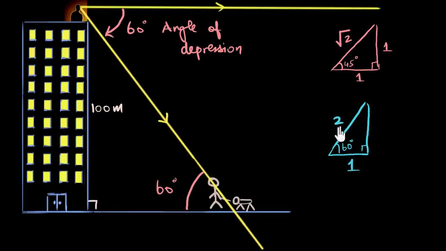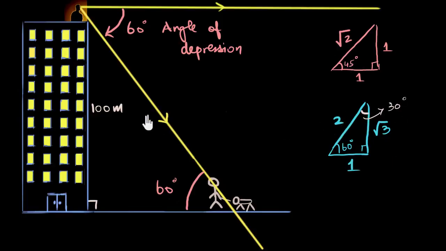With this, I can find the third side using Pythagoras theorem. 2 square minus 1 square is 3, so this will be root 3. So all the ratios of 60 that I want, and bonus because 30 is hiding over here, I have all the ratios that I want for 30 degrees as well. So with just these two triangles, I can remember all of the ratios that I want, sine, cos and tan of 30, 45 and 60, and this is what I use.